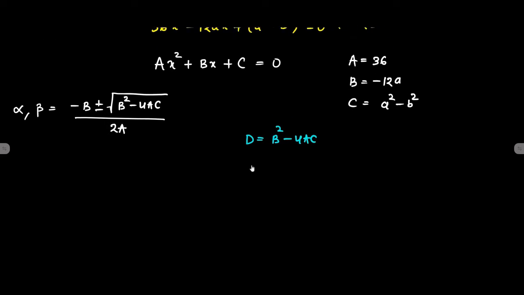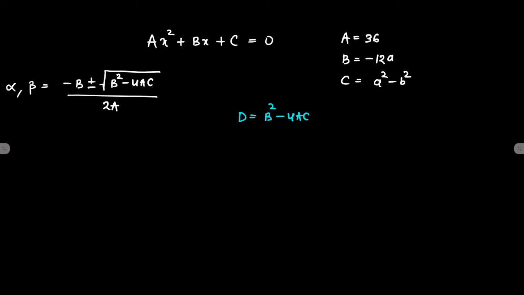So it will be equal to minus 12a whole square minus 4 into 36 into a square minus b square. Minus 12a whole square is equal to 144a square, minus 4 into 36, how much?